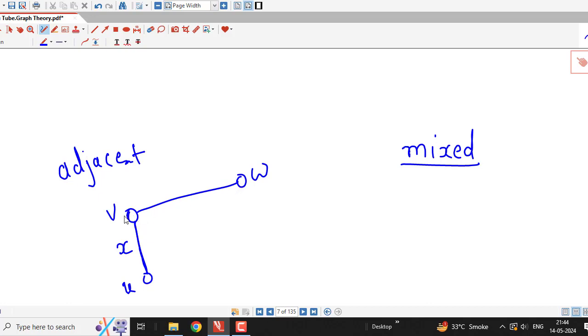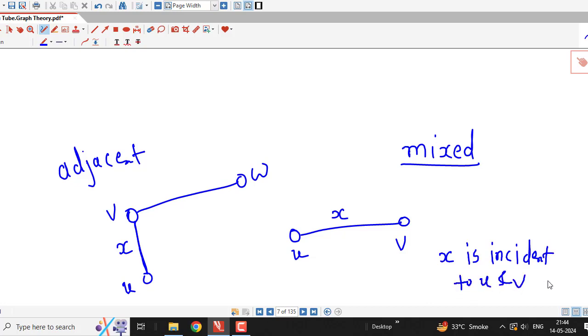Similarly, we have an arc between V and W, so V and W are also adjacent nodes. Another terminology is, if we have an edge X connecting U and V, then we say that X is incident to U and V, or U and V are adjacent nodes.